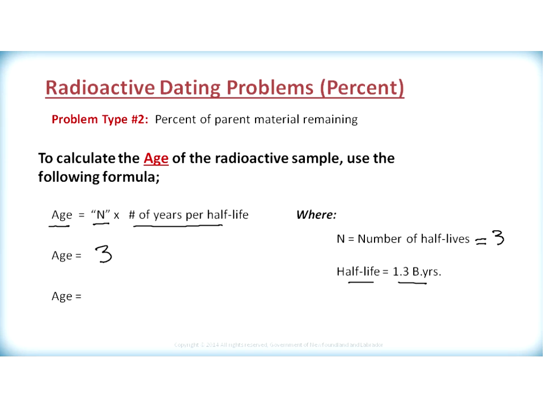We have 3 half-lives multiplied by 1.3 billion years. And 3 times 1.3 is 3.9 billion years. So the age of this rock sample will be 3.9 billion years.